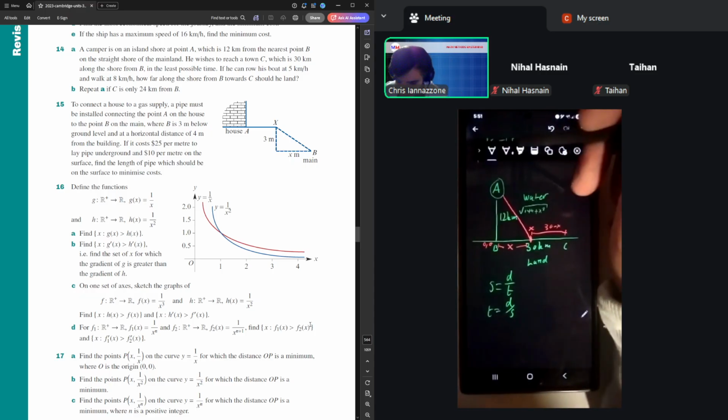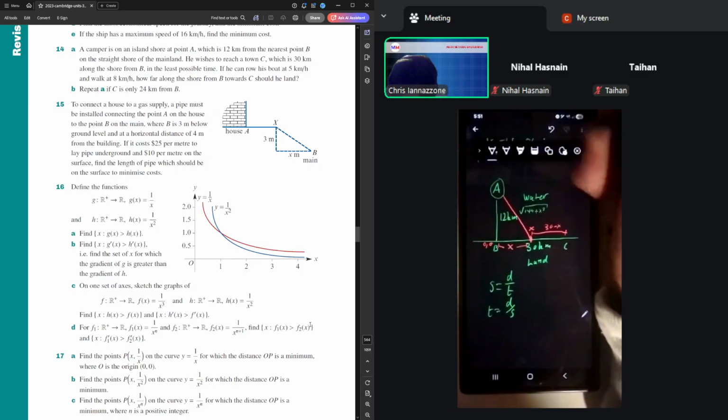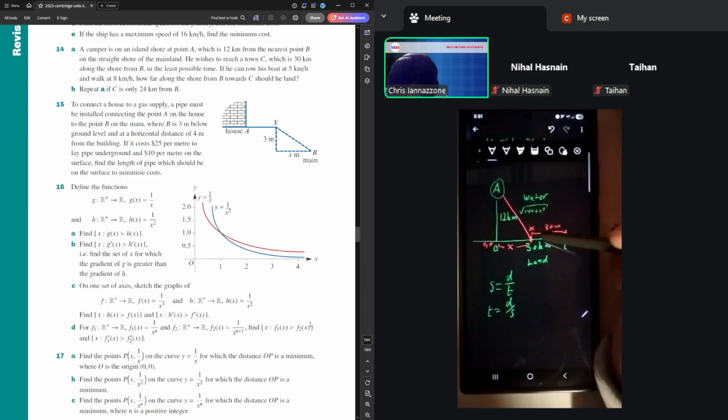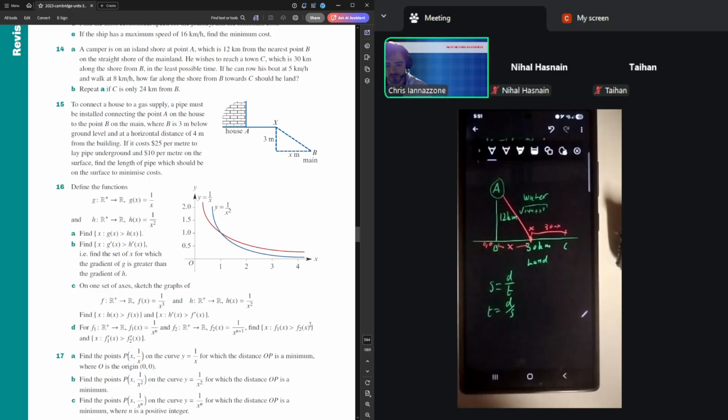Having done that, we now have a distance map for the entire journey. Right? We initially take whatever this distance is, and then we take whatever this distance is. We have the full distance portion of that journey. Now yes, that will change with x, but that's kind of the whole point, right? We need to have a variable of x in there so we figure out where we're actually landing.